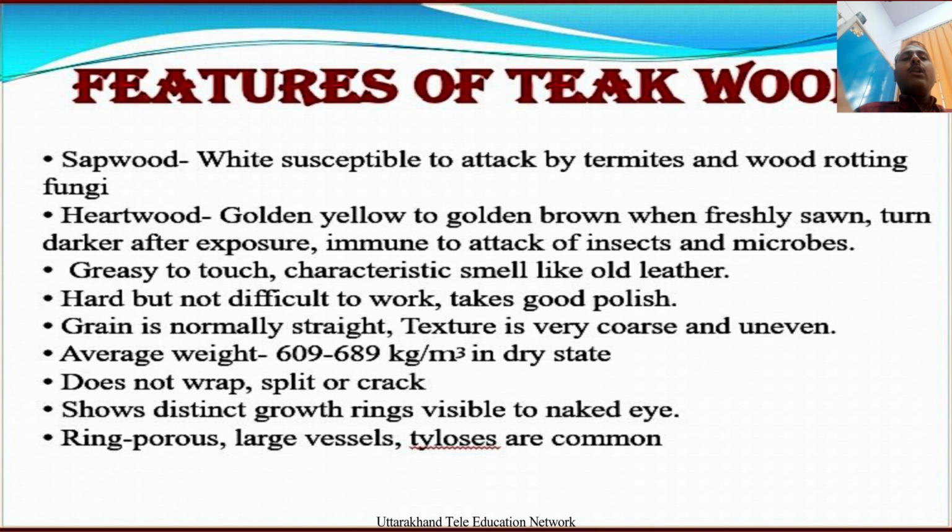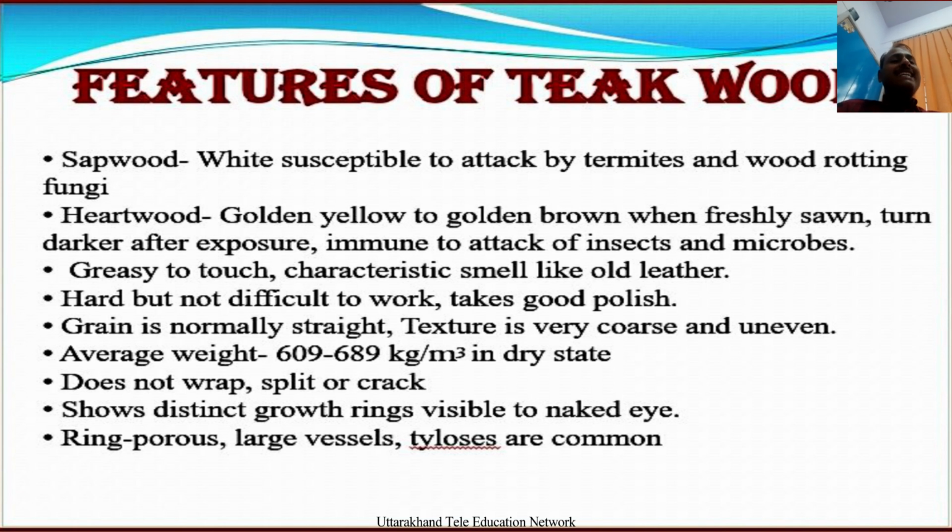Heartwood is golden yellow to golden brown in color when freshly sawn, but slowly it turns darker after exposure. And the most important and interesting thing is that it is immune to attack of insects and microbes. So this is a good quality of Tectona grandis wood, which makes it of great importance.